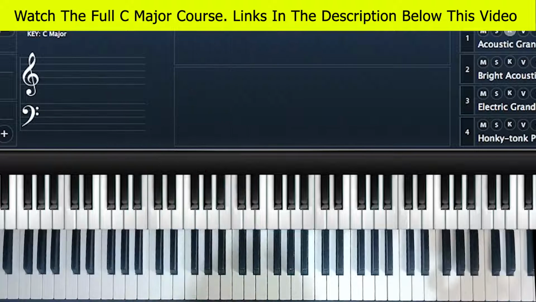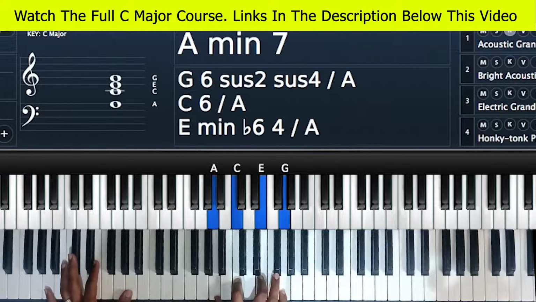Now usually it is preceded by a chord which begins, which is a 6. Before the 2-5-1, you'll normally find a 6-2-5-1. So the 6 in the key of C would be what? A minor 7th.